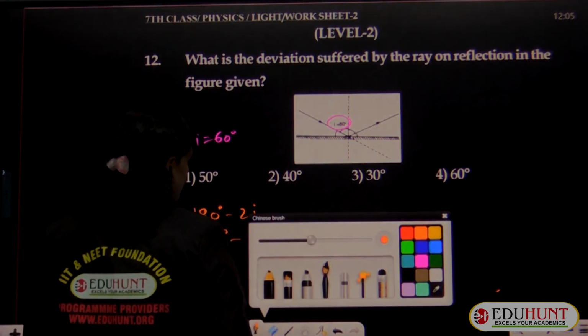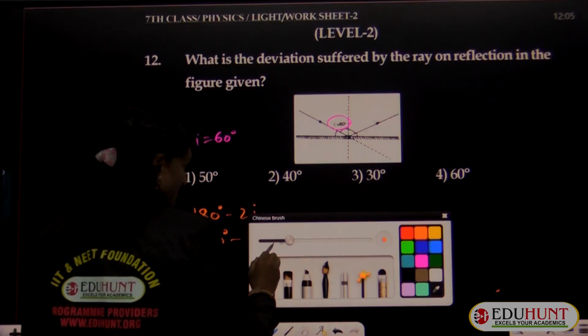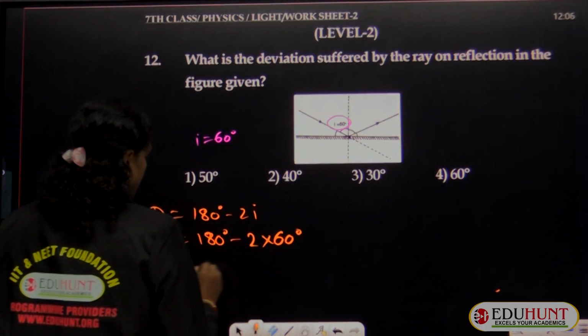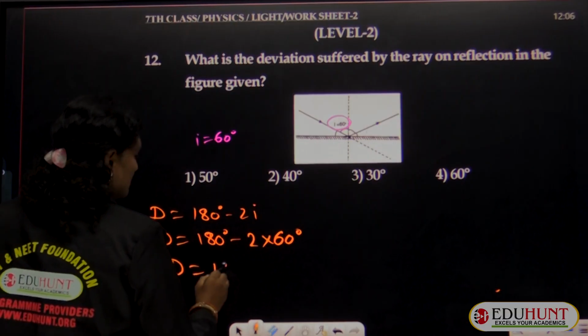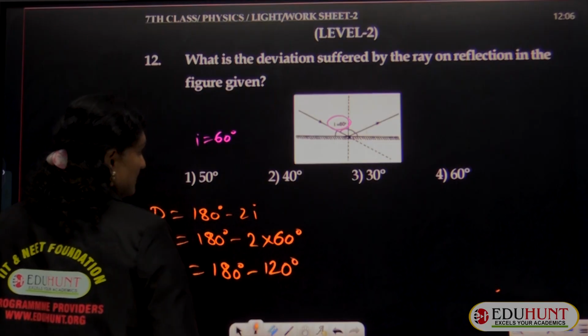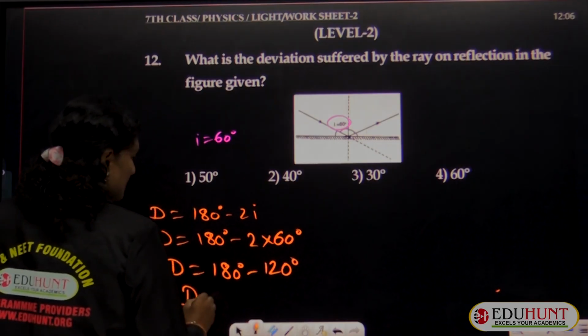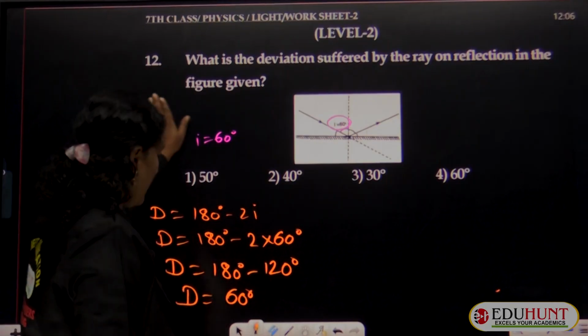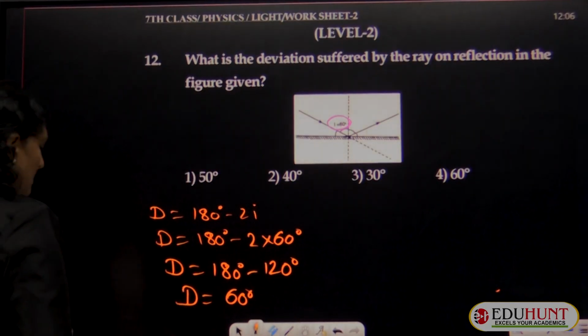Hence, 2 into 60 degrees. So, D must be equal to 180 minus 2 into 60, which is 120 degrees, or D is equal to 60 degrees. The answer is also 60 degrees.